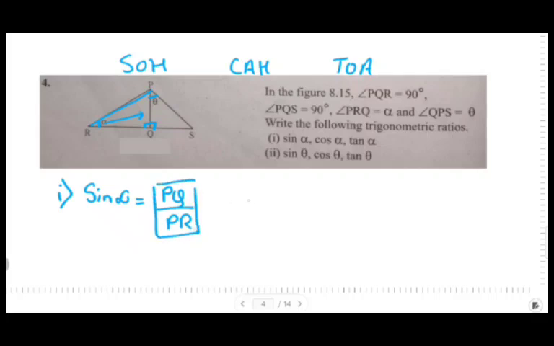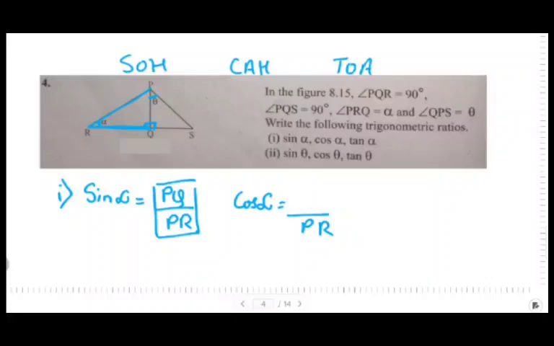Second part, cos alpha, CAH. So CAH is adjacent, that is this one to the angle, QR upon hypotenuse, which is PR. QR.